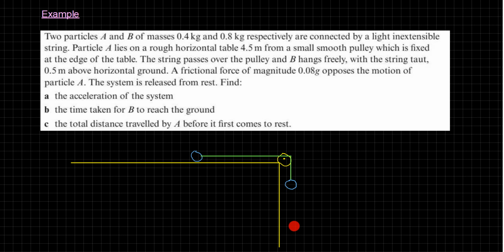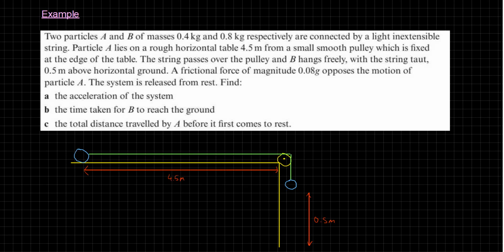This gap from top to bottom between where this particle is and the ground, that's 0.5 meters. Oh, in fact, we don't have to draw it to scale, but that gap is actually quite a lot smaller than that distance. So let me just redraw that slightly. Okay, that looks a bit more realistic. So there we go. We've got the 2 objects and the distances marked.